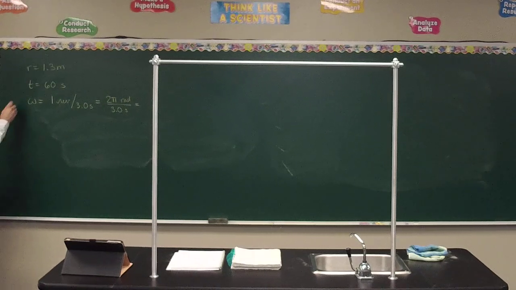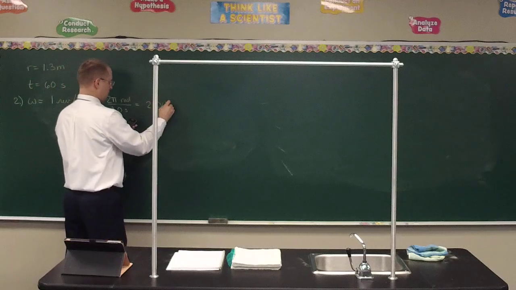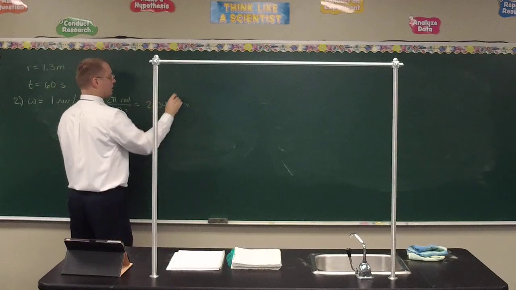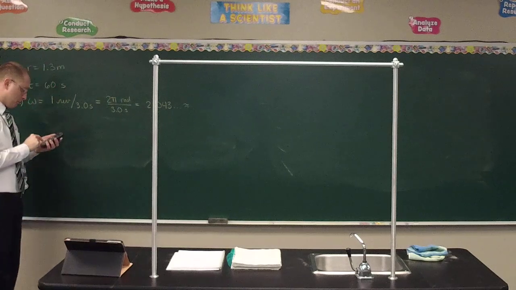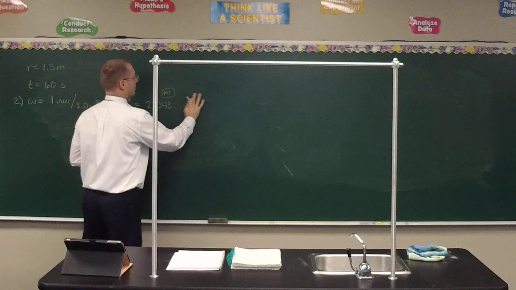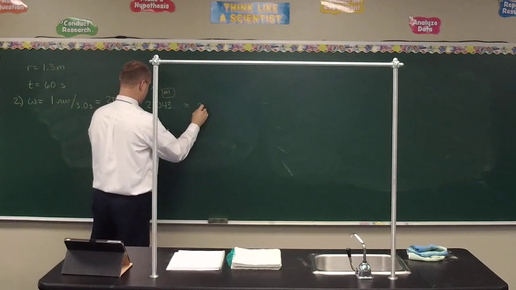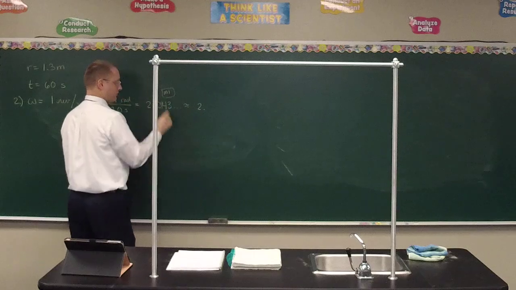And this is actually the answer to part 2, angular velocity. What do we get? 2.094. You might want to put that in the memory of your calculator. It's 2 sig figs, isn't it? 2.094.